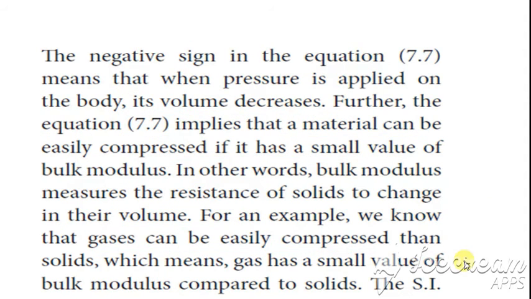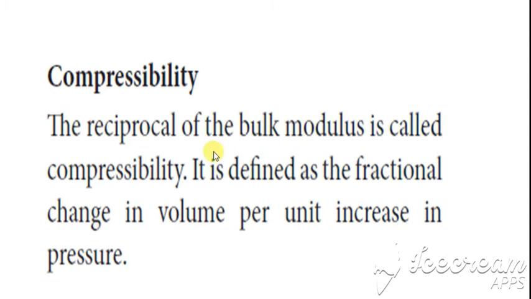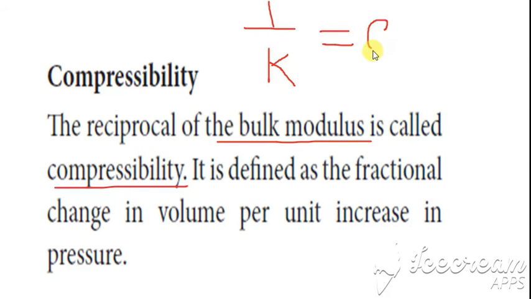So next we have the compressibility. The reciprocal of the bulk modulus is called the compressibility. The bulk modulus is represented by the letter K, and its reciprocal is the compressibility.